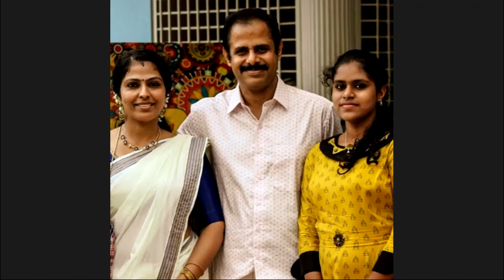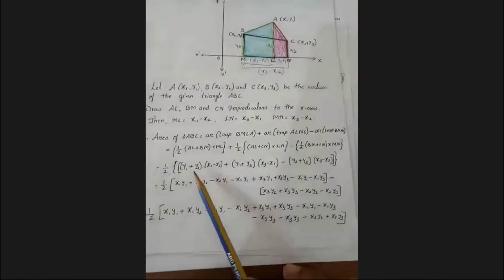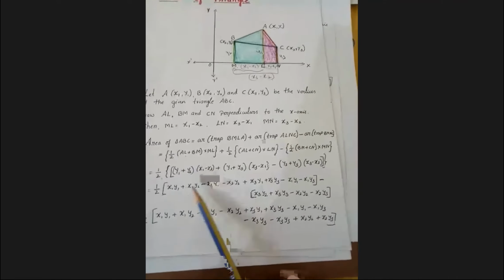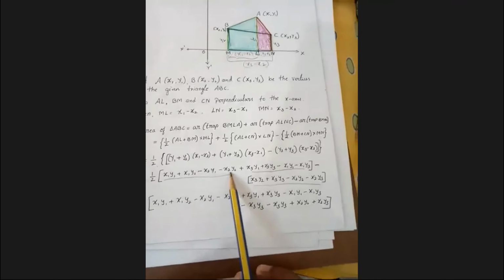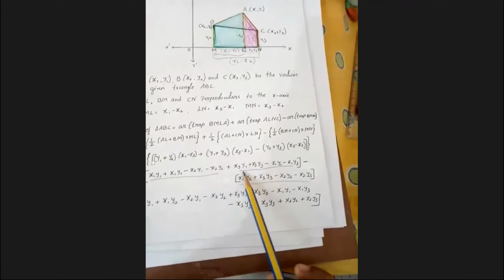Yes, ma'am. Same thing, I have applied all these values. So here I got multiplication of binomial by binomial. When I multiplied this, I got 4 terms. Each and every time I multiply, I get 4 terms. Am I clear, children? Because multiplication of binomial by binomial gives 4 terms.